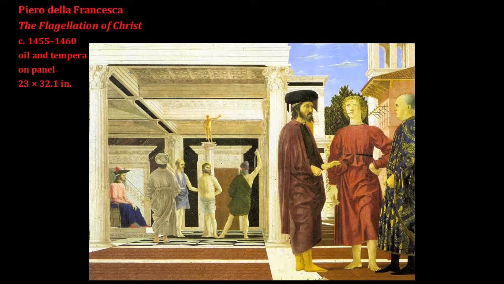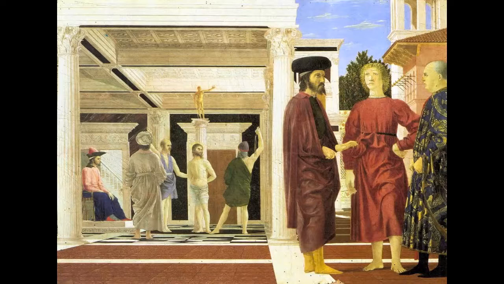For example, Piero della Francesca's The Flagellation of Christ is celebrated for its use of perspective in organizing pictorial space. However, one of the consequences of this expansion of pictorial space is the visual distancing of the sacred subject from the viewer.